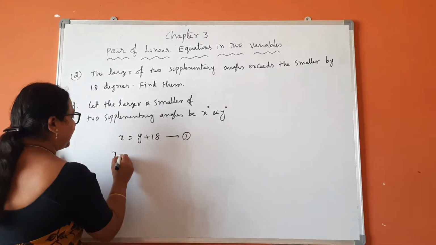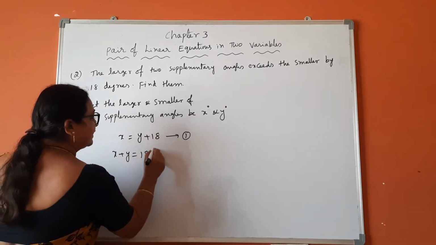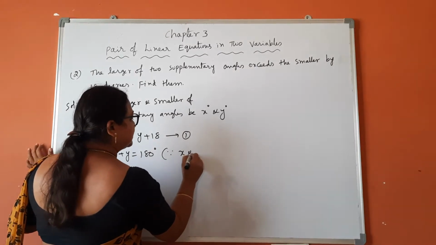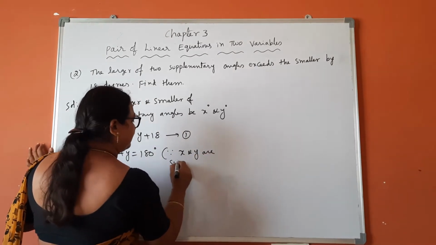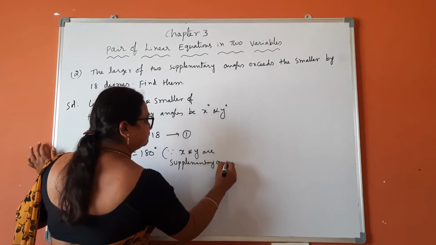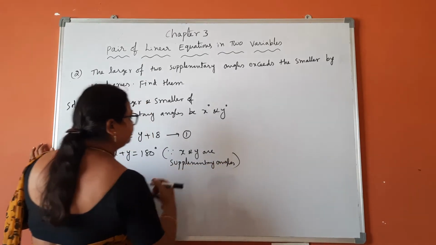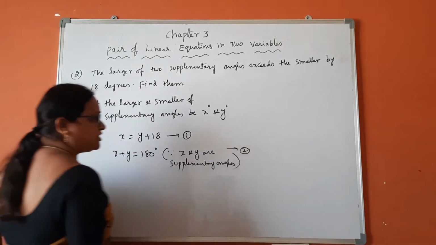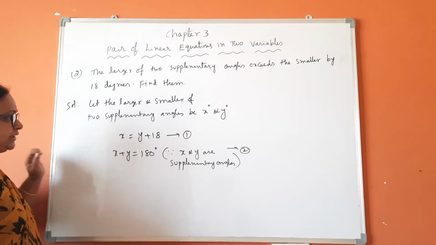So obviously x plus y is equal to 180 degrees, since x and y are supplementary angles. This is our second equation in two variables.